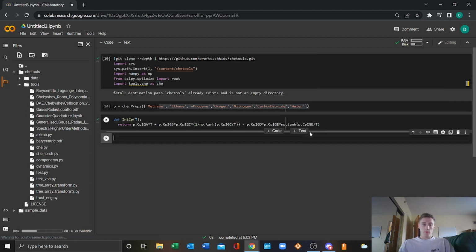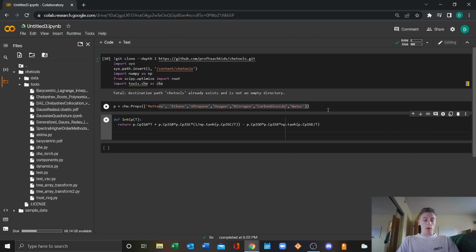There we go. Looks all good. The next function that we want to define is one for the left-hand side with the zero part.